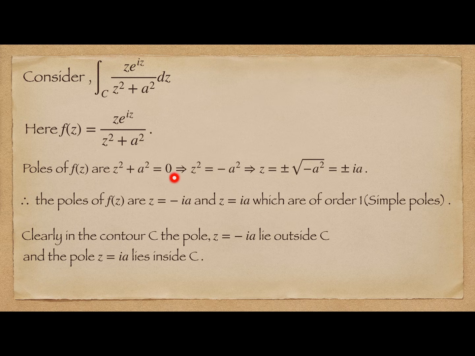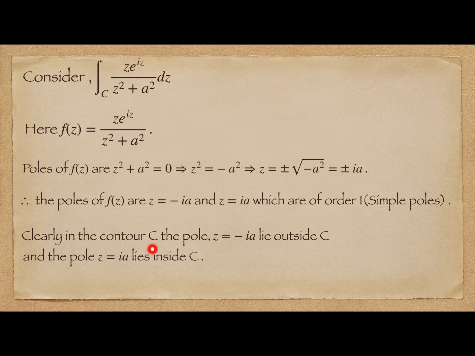So z square plus a square equals 0 implies z square equals minus a square, that is z equals plus or minus root of minus a square, which is plus or minus ia. So you have two poles, minus ia and plus ia, and their power is 1. That means these poles are simple poles, and the order of the pole is 1, right?